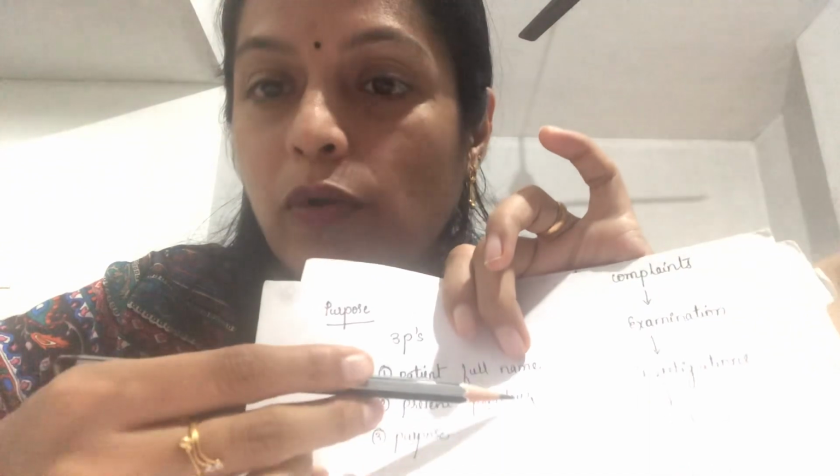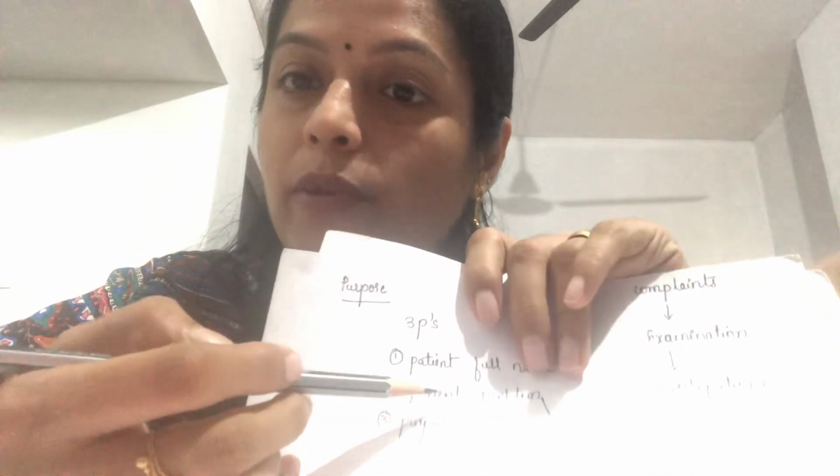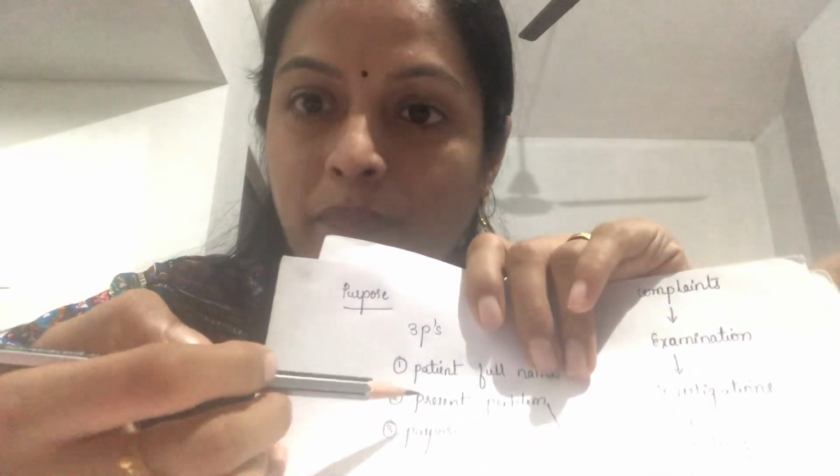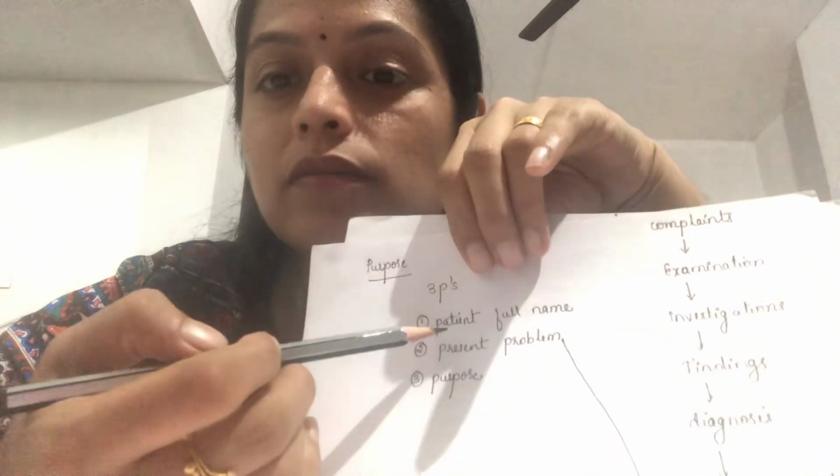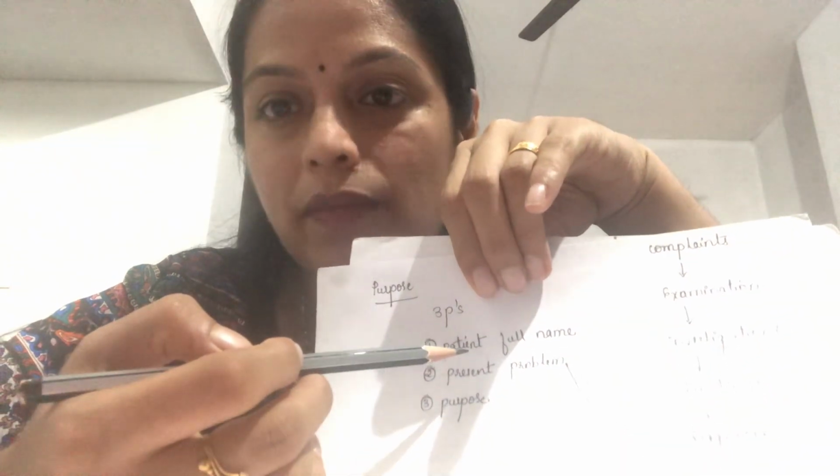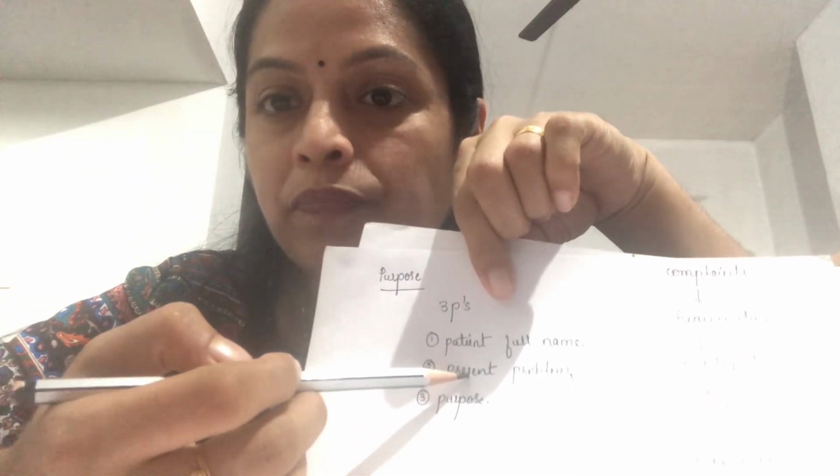But they have done the investigations, they have given the treatment, then finally they came to know that the patient is recovering. See how you can select the present problem. In the case note they will be mentioning only dementia, so we can't mention who has dementia. That is not a current problem, present problem.